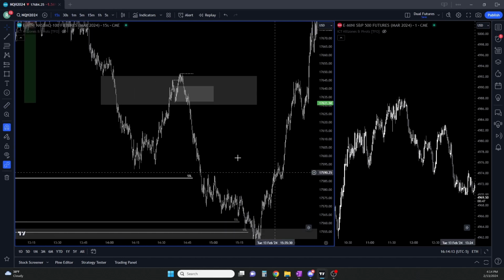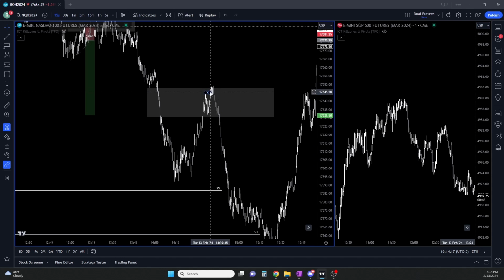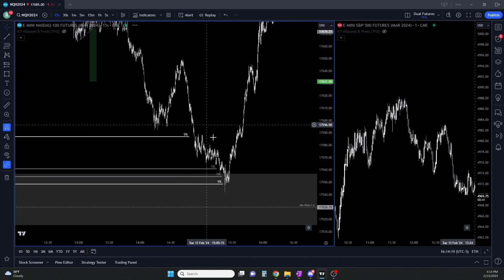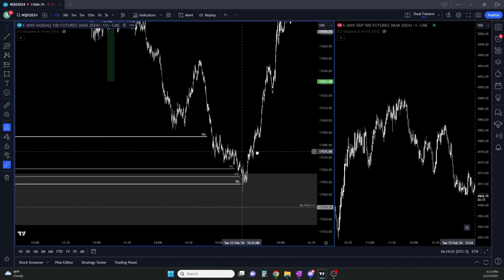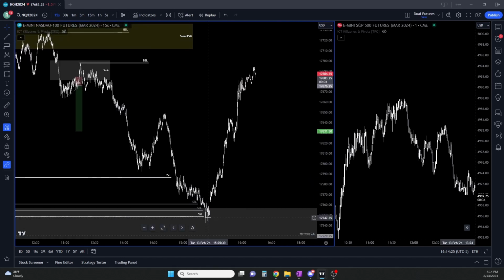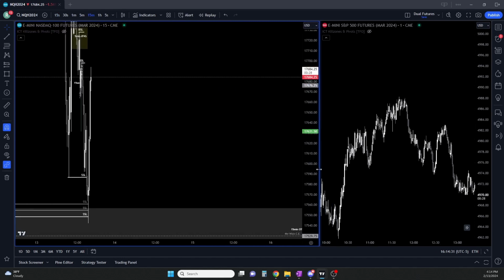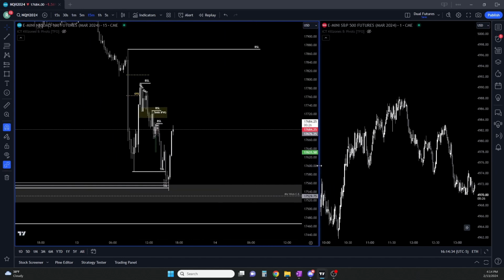So didn't take anything there, and once we sold off and took all of these lows, this was also later in the day, around 3:20, 3:30, so at this point I was pretty much done.